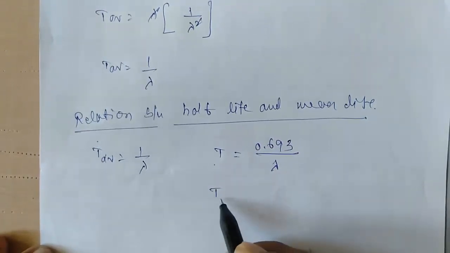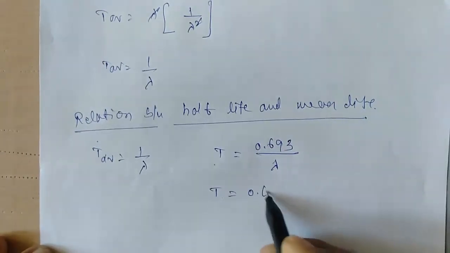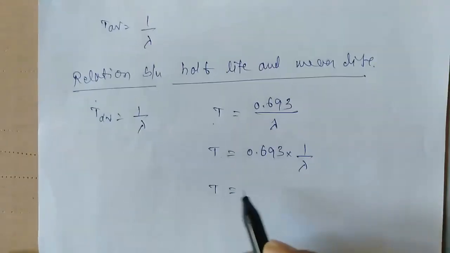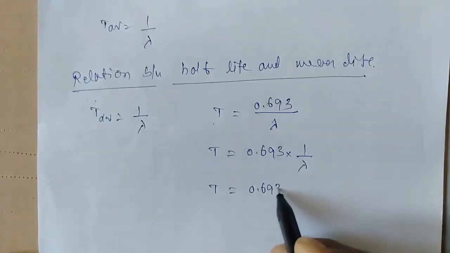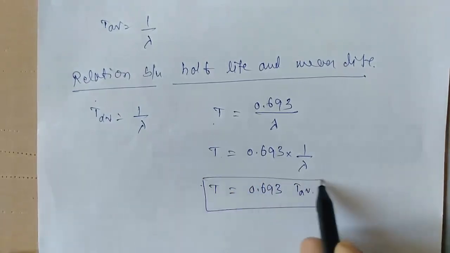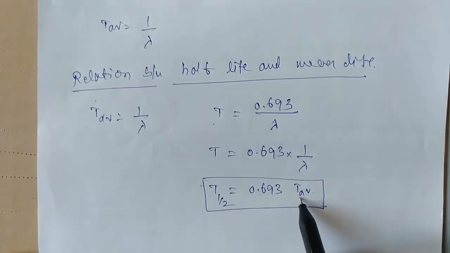So this half life is 0.693 into 1 by lambda. And 1 by lambda will definitely be T average. So this is the relation between half life and mean life or the average life.